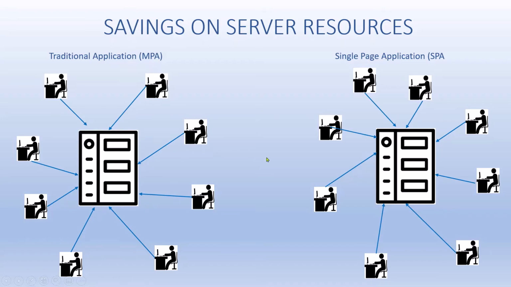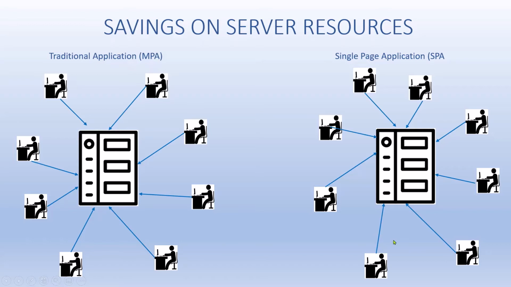Now, if we take the same scenario and look at it from a single page application point of view, again, we have millions of users accessing the application, right? And especially if we consider YouTube, then of course there would be millions of users accessing YouTube at any given point in time.